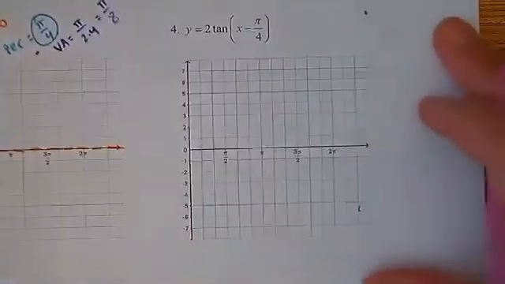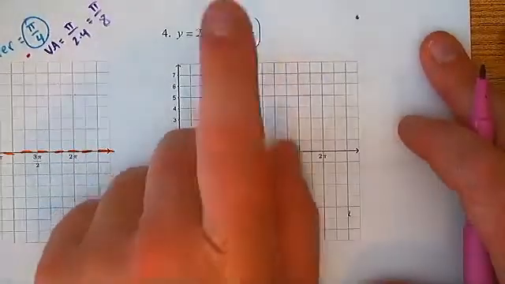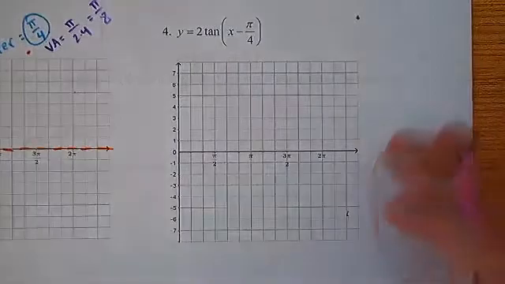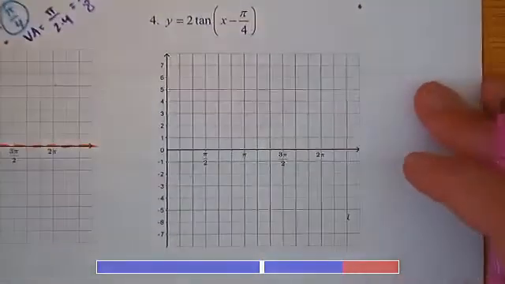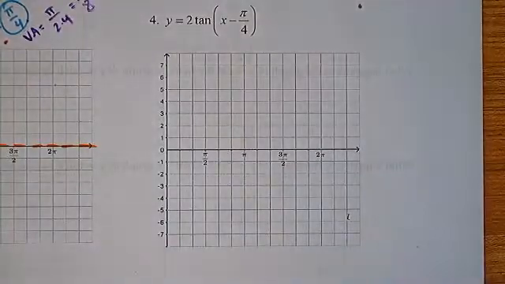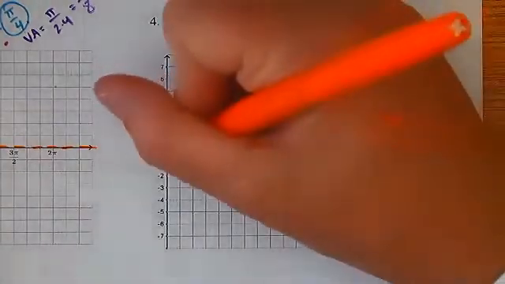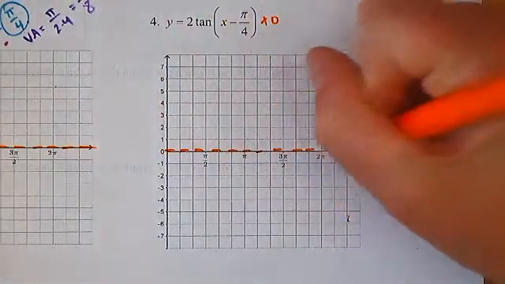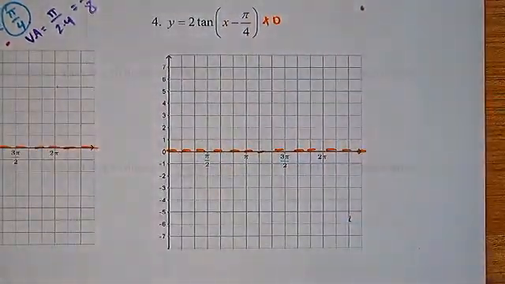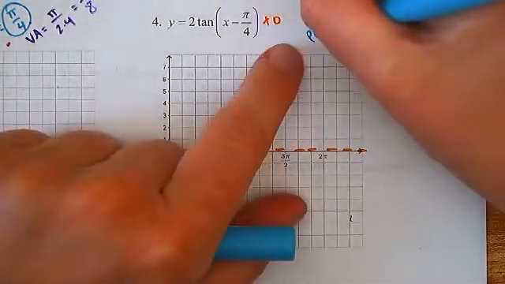All right, and then the last tangent we're going to do together is one with a phase shift. So yes, tangents can have phase shifts also. Okay, so let's start again with the midline, which there's no C value, so that means that my midline is at 0. All right, the period is bigger.